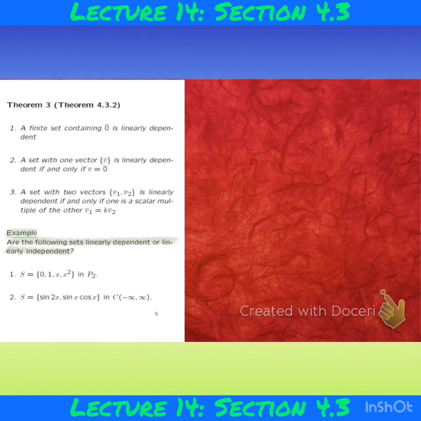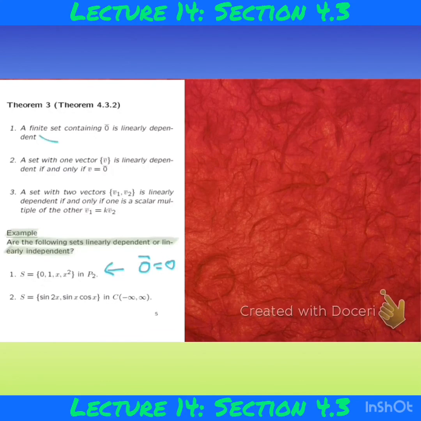Look at this example of the following sets: linearly dependent or linearly independent? Well, the first one there is the set 0, 1, x, x2 in P2. What is P2 again? It's the set of all polynomials of degree at most 2. And what is the zero vector in P2? It's the zero polynomial. So therefore, S has got the zero vector.